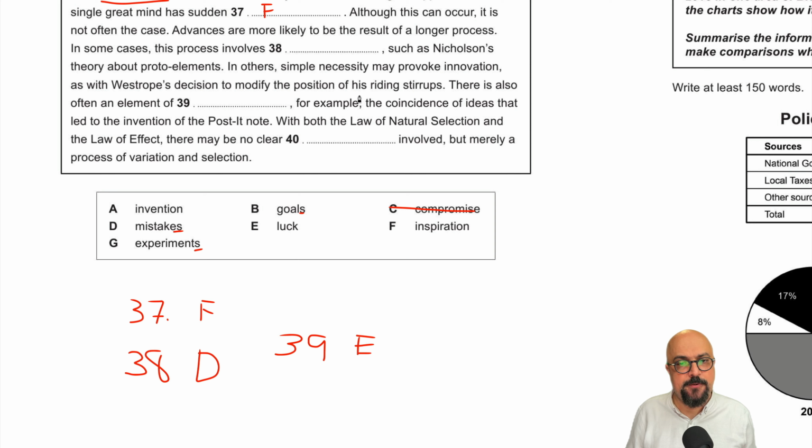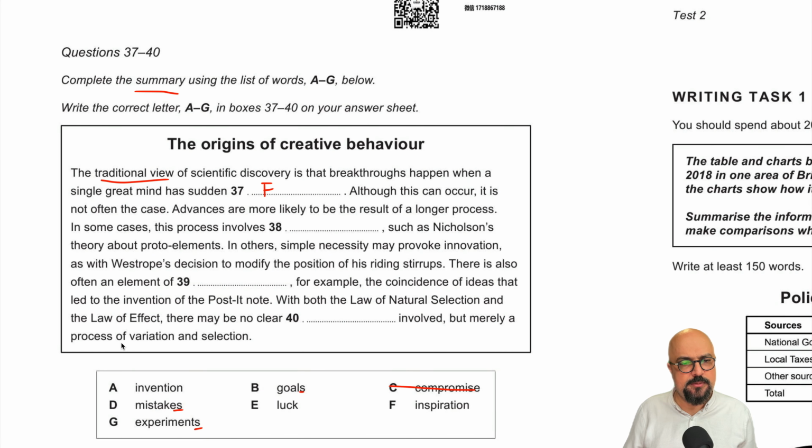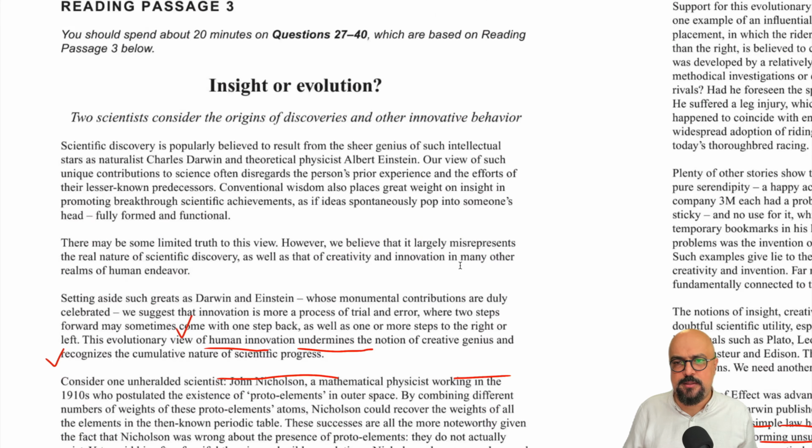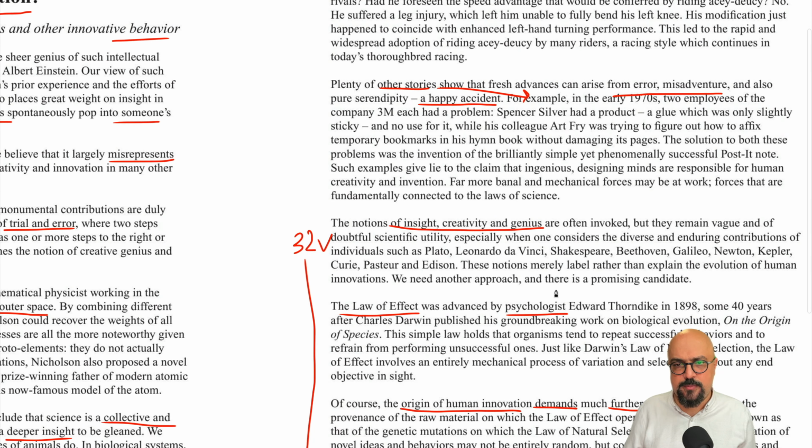And one more, for example, blah, blah, blah. There's no clear. Okay. Clear what? There may be no clear. Okay. Remember, no end, no objective end. What was that? About the law of effect. We had this. I clearly remember that, but just want to show you.